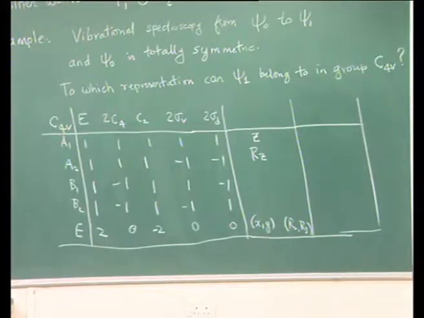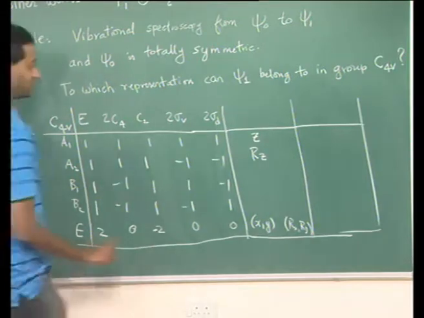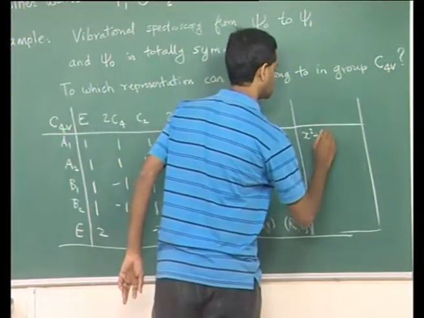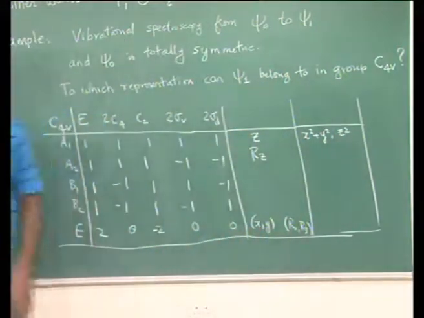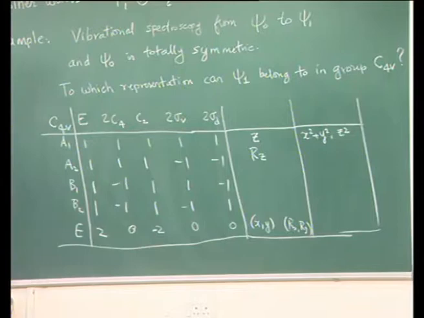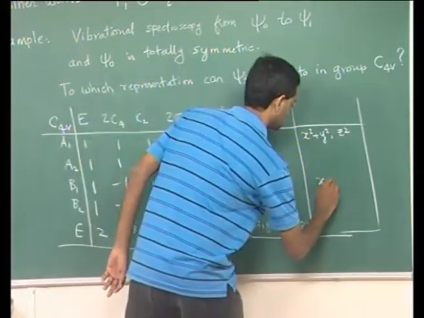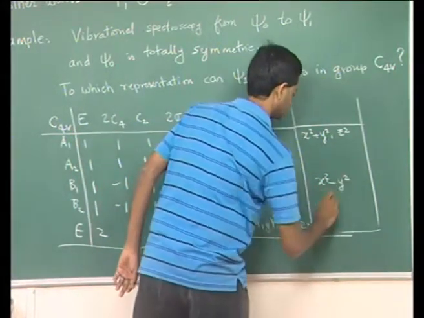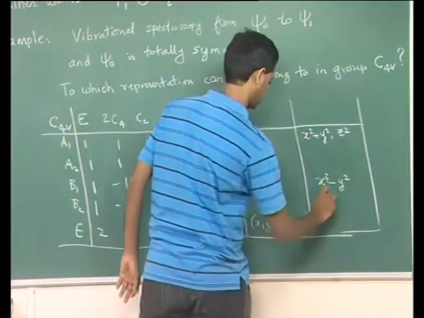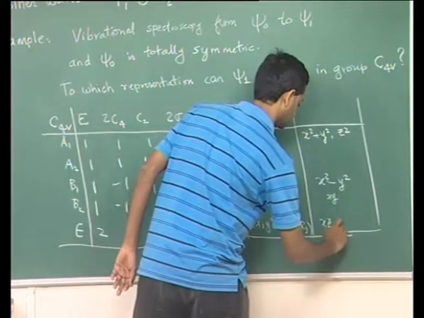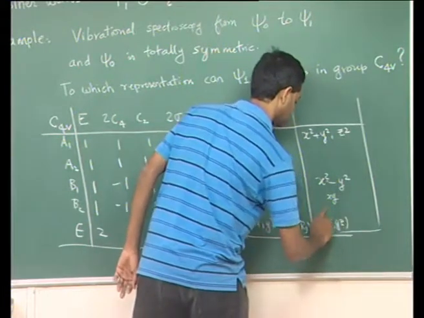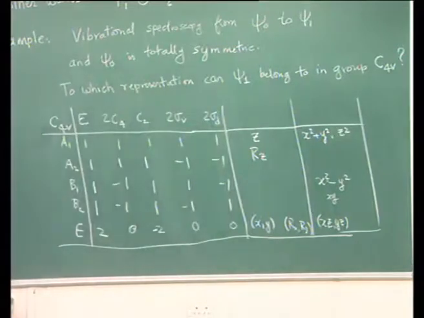And as far as the products go, you have x square plus y square and z square, and then x square minus y square, then you have xy, xz, yz.